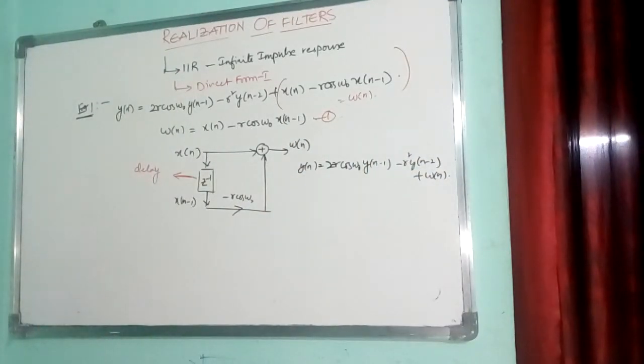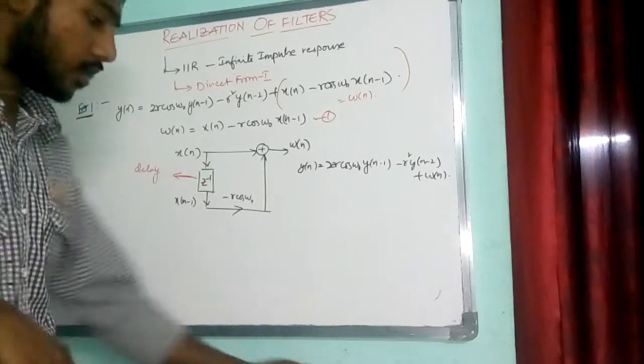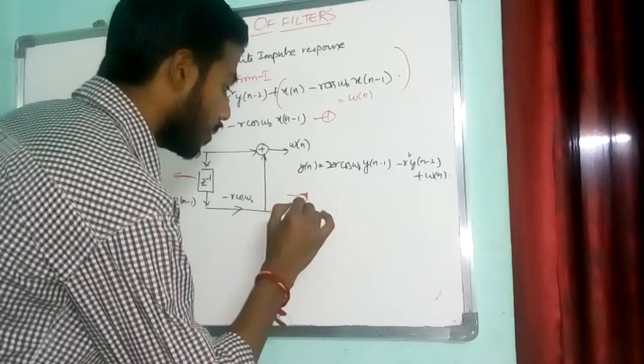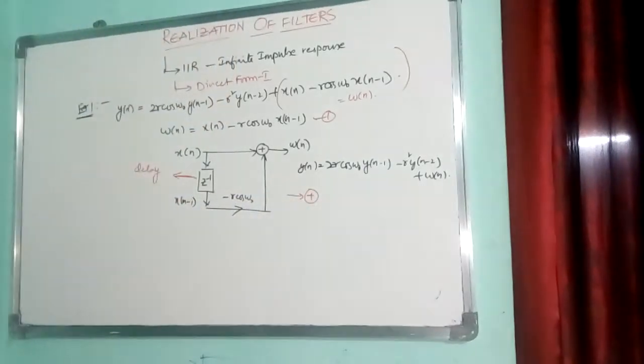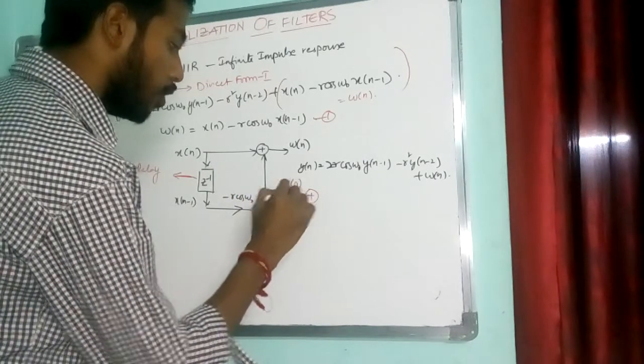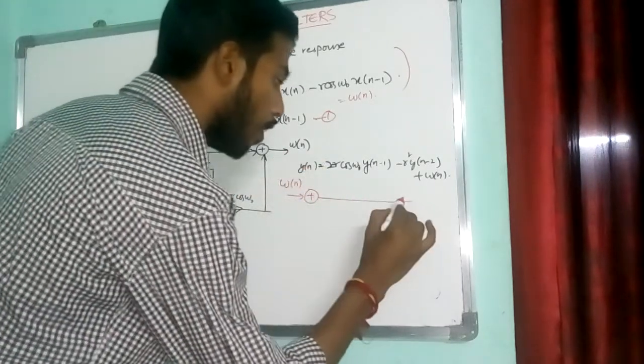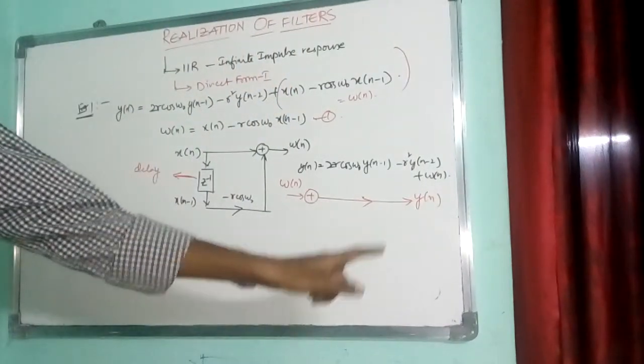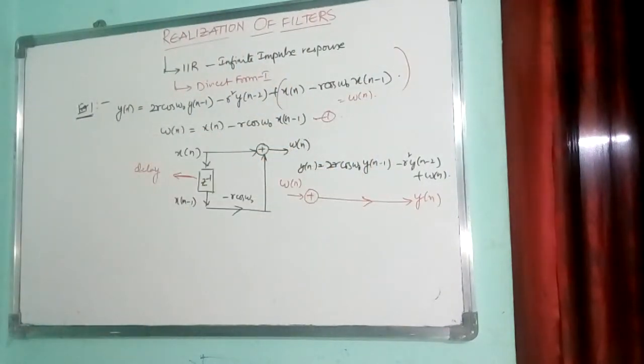So what we need to do is, for this one, first I need to have an adder because I have plus w of n. So w of n is added to what? To y of n. w of n is added to y of n.